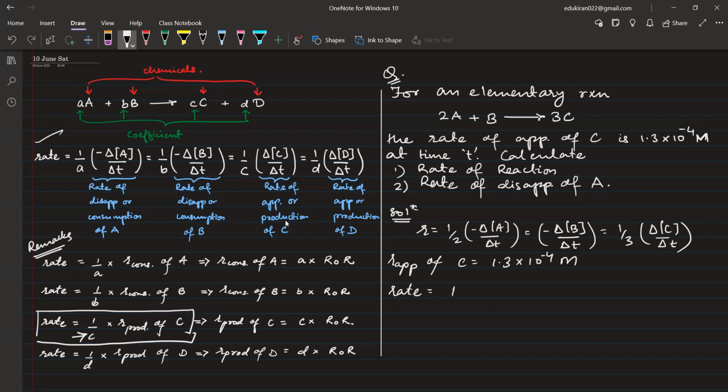So 1/3 into rate of production of C, which is 1.3 into 10 to the power minus 4 molar. This will be 1.3 divided by 3 into 10 to the power minus 4 molar. इसको कैलकुलेट कर लेंगे?